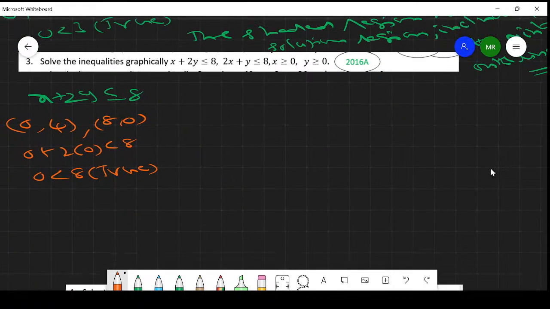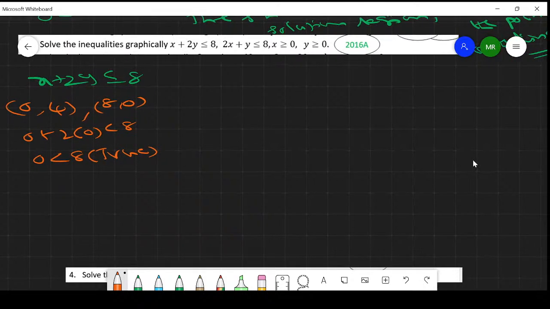Now I can verify the second one: 2x plus y less than or equal to 8. When y is 0, x will be 4, and when x is 0, y is equal to 8.